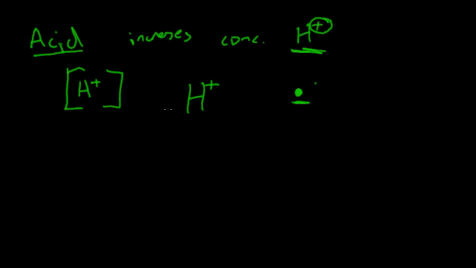So it's the proton concentration in a substance as well. To say H plus is synonymous with saying a proton. So that means that if we say that something increases concentration of H plus, it means it is a proton donor. It's the same thing. So that's one important definitional thing.